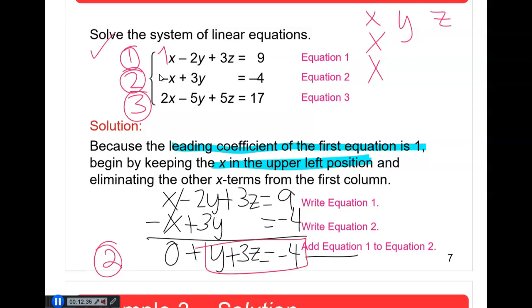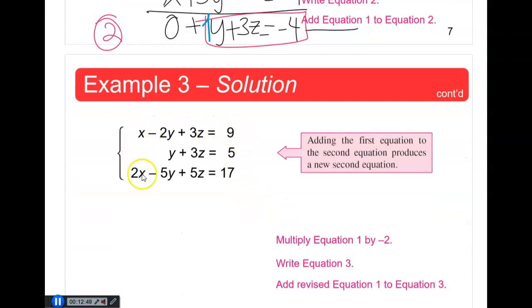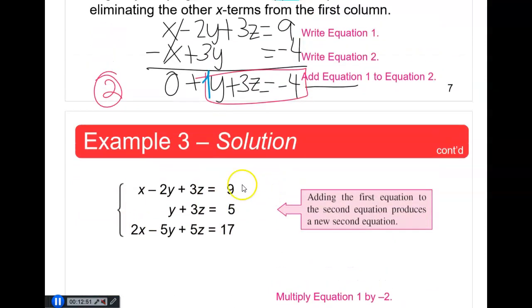So we're done with 1, we're done with 2, we reduced it so it doesn't have the x term, and now you can see clearly how the y has a coefficient of 1. So here's our new system, the equivalent system, just with the new equation number 2.